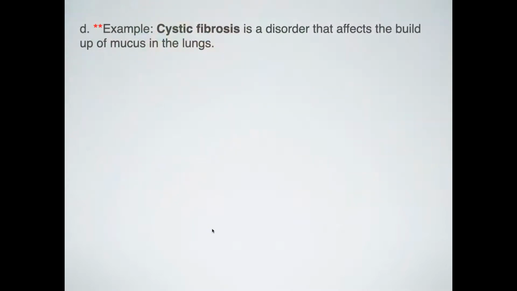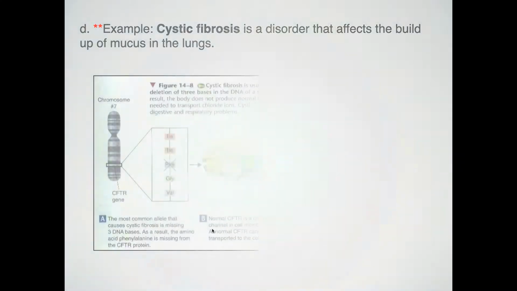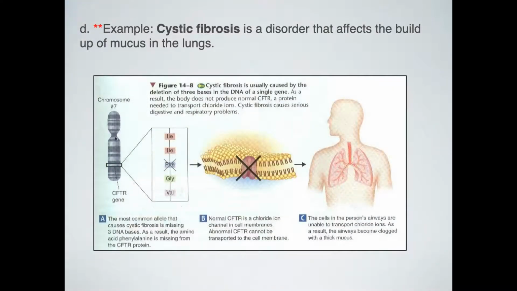And so an example of that is cystic fibrosis. That's a disorder that affects the buildup of mucus in the lung, and it is caused by a genetic, I almost said mutation, but I think normally it's caused by a deletion. On chromosome number 7, there's a gene called the CFTR gene right here.